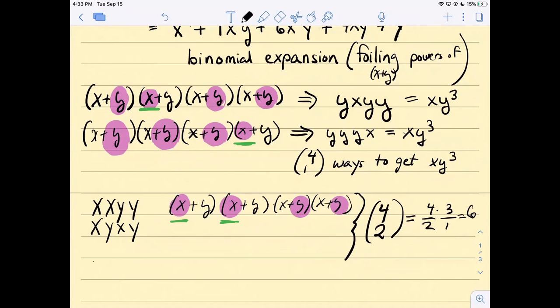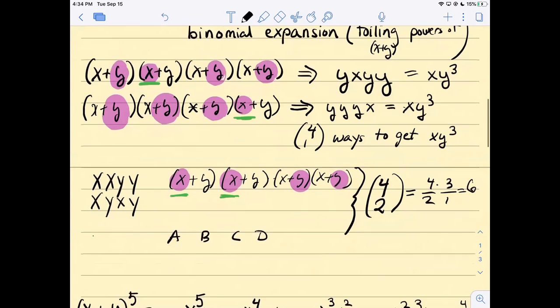But the way I like to think about it is, rather than focusing on 2 x's and 2 y's, think about it as 2 no's and 2 yeses, and you have 4 friends: Alice, Bob, Cindy, Dan, and the number of ways to invite 2 of them to the movie theater. Let's say you invite Alice and Cindy, but Bob and Dan are not invited. The number of ways to do this would correspond to the set Alice and Cindy. And so the number of ways to do this is 4 choose 2.